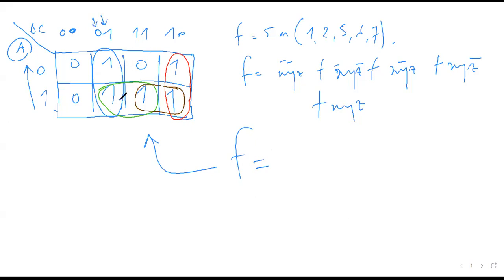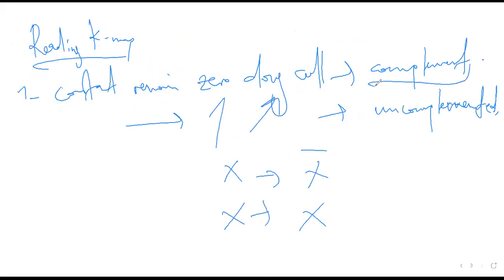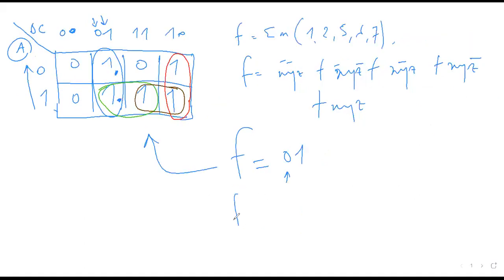If we move from this point to this point, the two variables are 0, 1. It remains constant, right? So we have 0, 1. What is 0? 0 goes on to be complemented. 1 remains uncomplemented. It means our F for this group is B bar C, because this is a B, and this is a C.